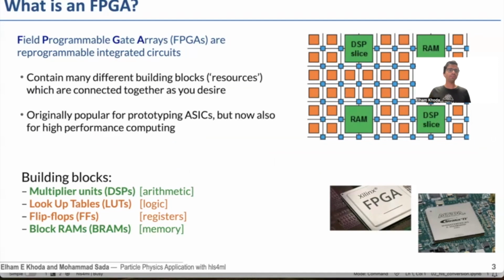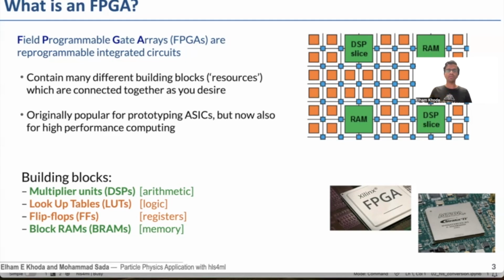FPGAs are field programmable gate arrays. These are essentially reprogrammable integrated circuits. There are many different building blocks inside the FPGA, and we call them resources. I'll highlight a few of them for this part of the discussion. Originally, FPGAs were popular for prototyping ASICs, which are integrated circuits, the chips that you see in all sorts of electronic devices.